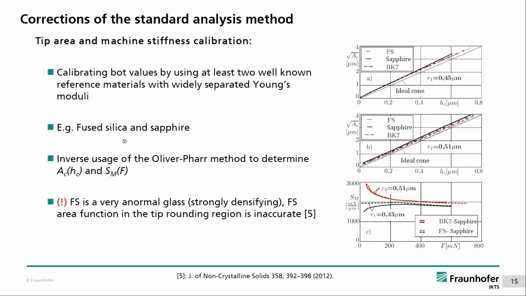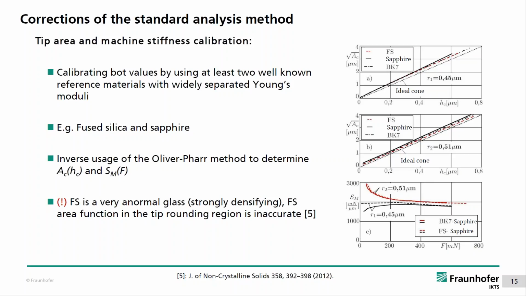And if you use only one reference material, let's say fused silica, you can use indents at bigger indentation depths where you assume the shape of the tip is still good. You can get a constant value for the machine stiffness, or you use two reference materials like fused silica and sapphire, and then you get two area functions.